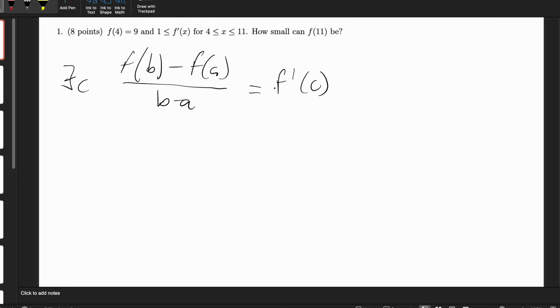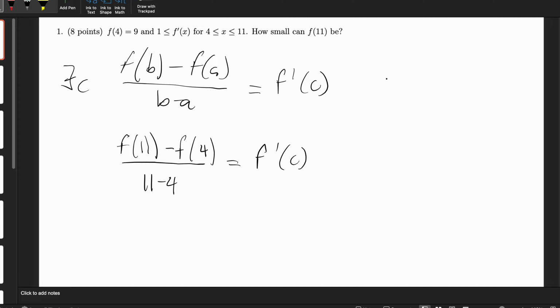Took me a minute to get my bearings there, but okay, that's the theorem that we're going to use. So in this case, we know that there's going to be some value c such that f of 11 minus f of 4 all over 11 minus 4 is equal to f prime of c.